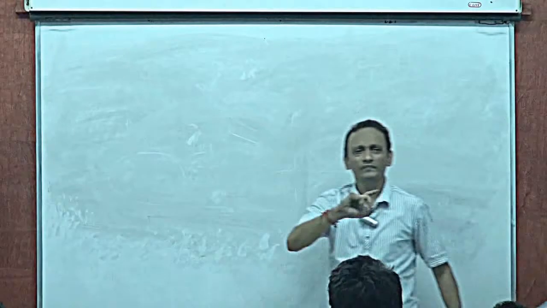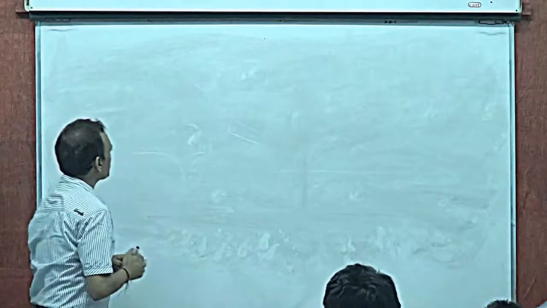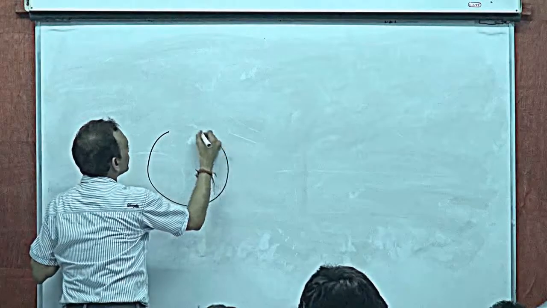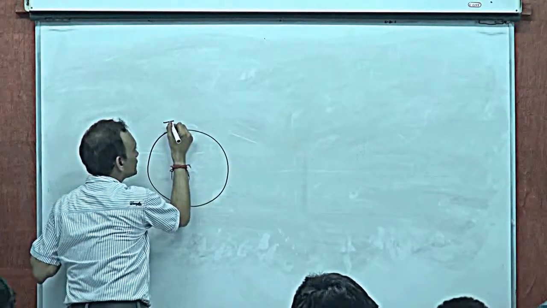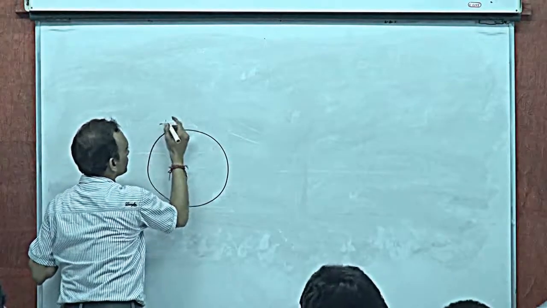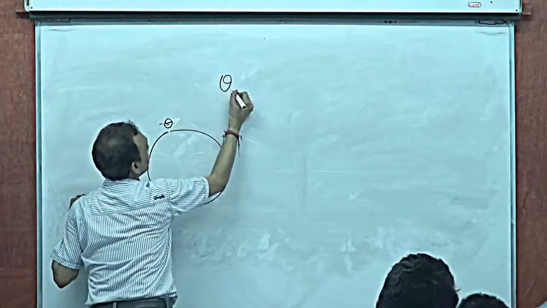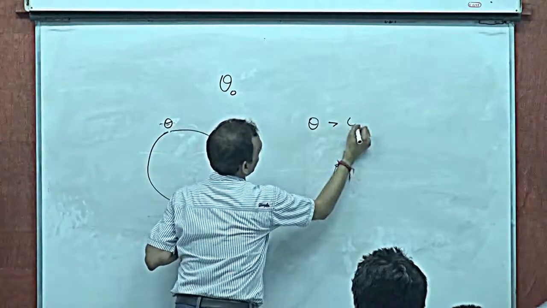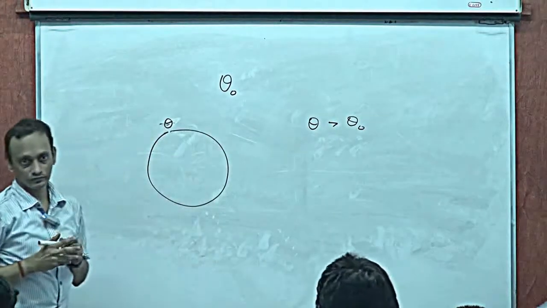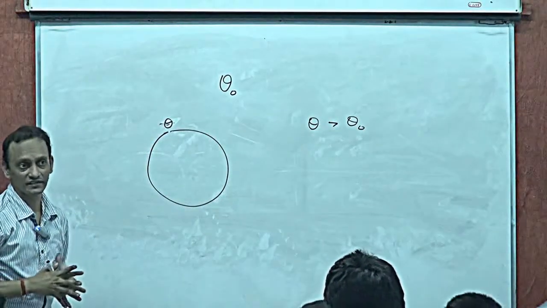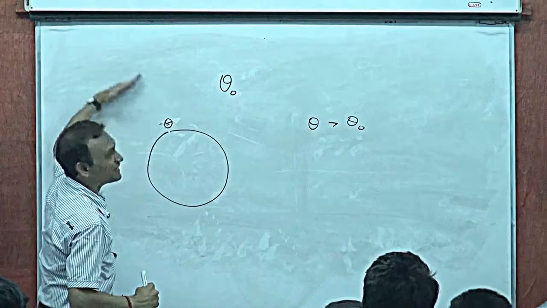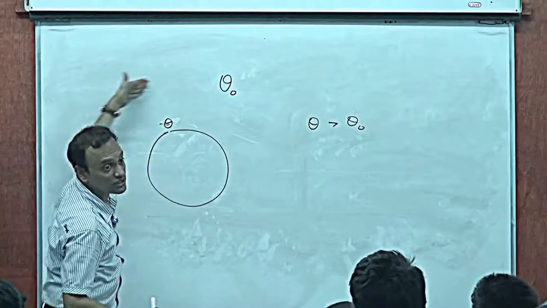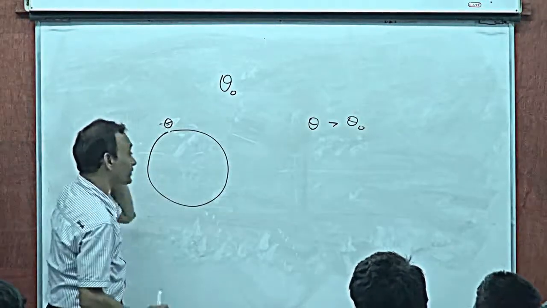But one important thing to understand is that if this is a body at temperature theta, and the surroundings are at temperature theta naught, and theta is greater than theta naught, then there would be simultaneous radiation and absorption, right? Emission as well as absorption would take place.